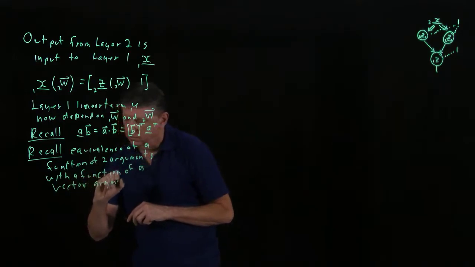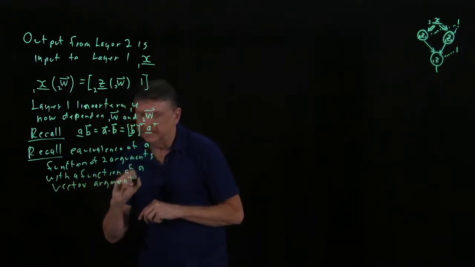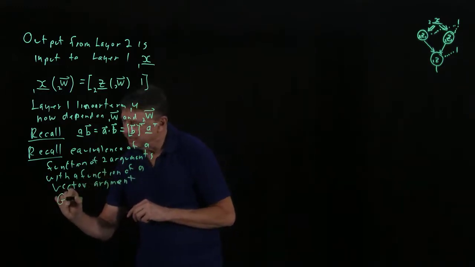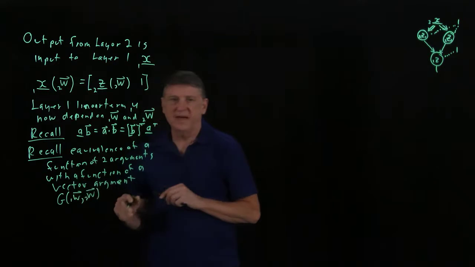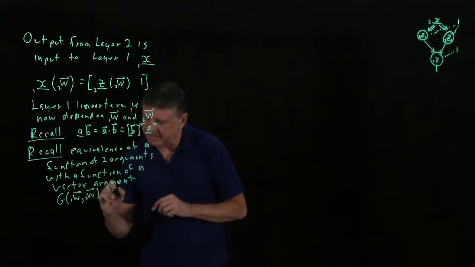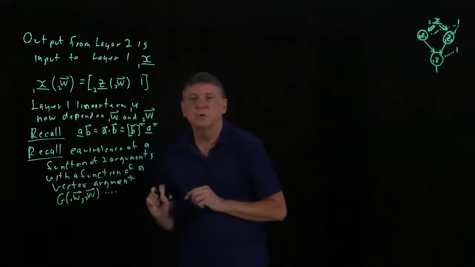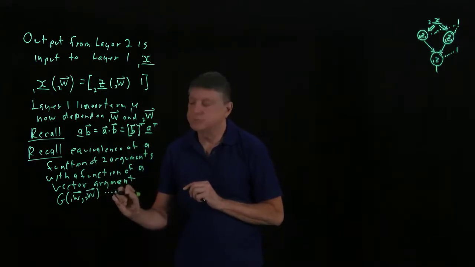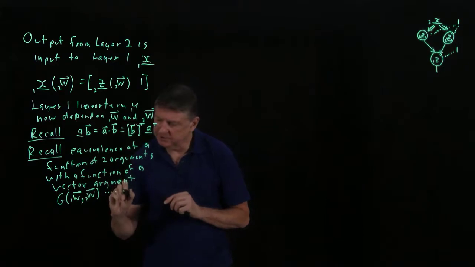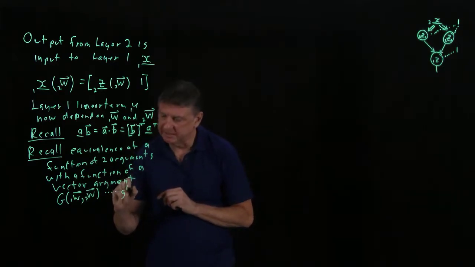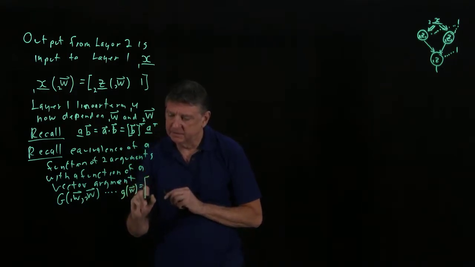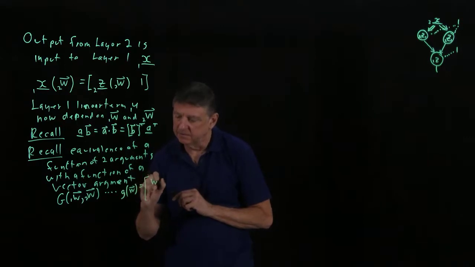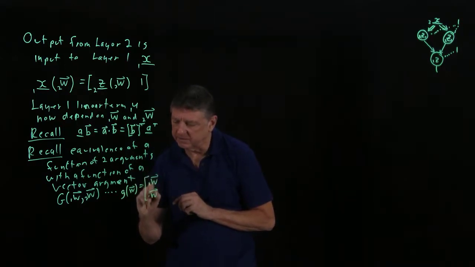And what we mean is that if we have some big function G that depends on weight vector 1 and weight vector 2, that is similar to some function lower g of some vector that is a stacking of the weight vector 1 and the weight vector 2.